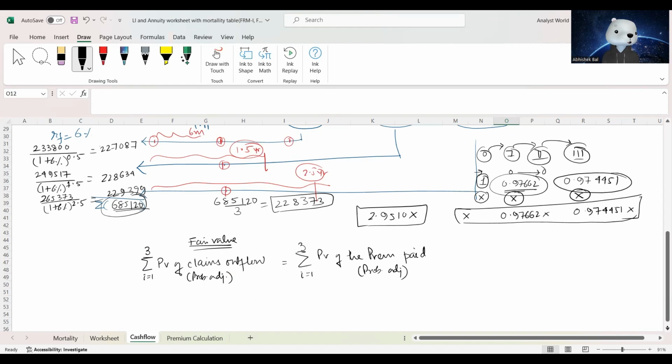All right. So if we equate this, the probability adjusted present value of claims outflow over the next 3 years, we have already gotten as 685,120, and the probability adjusted premium that will be paid over the next 3 years, we have gotten as 2.9510X, which means X is going to be equal to 685,120 divided by 2.951.